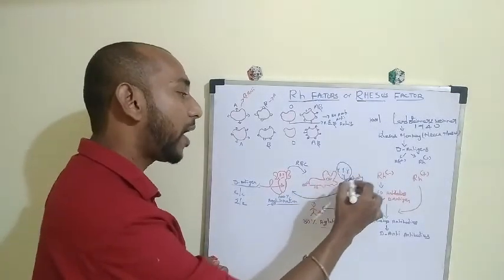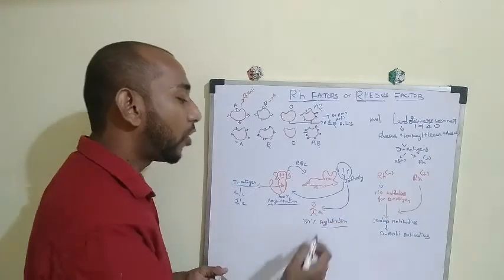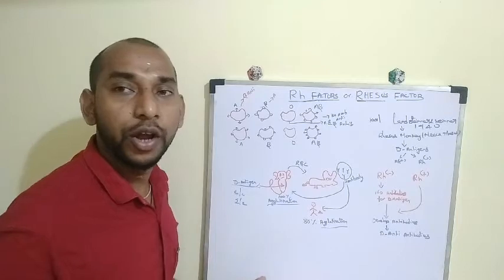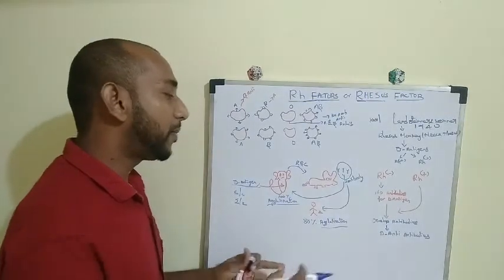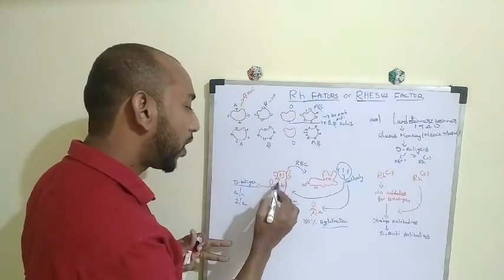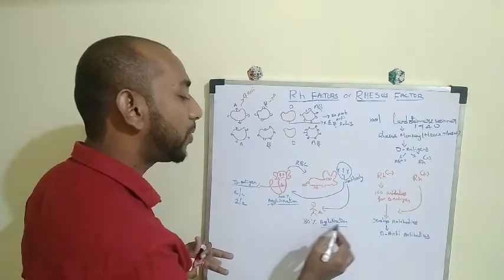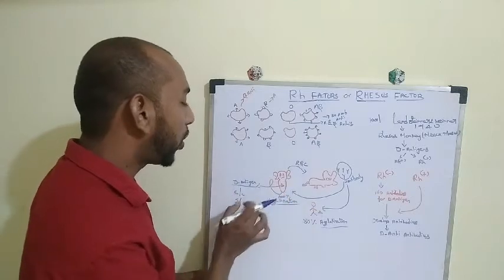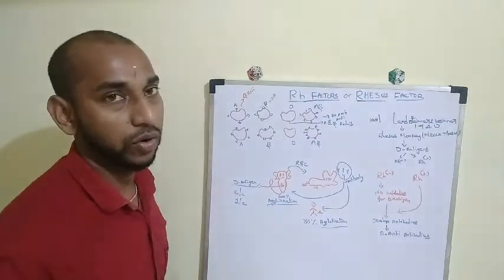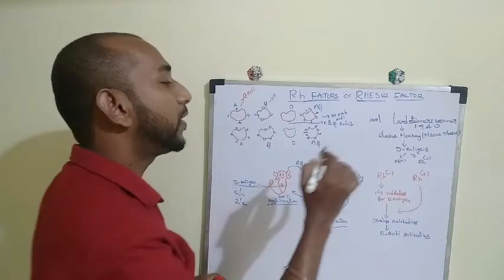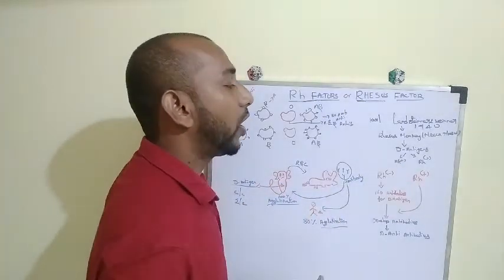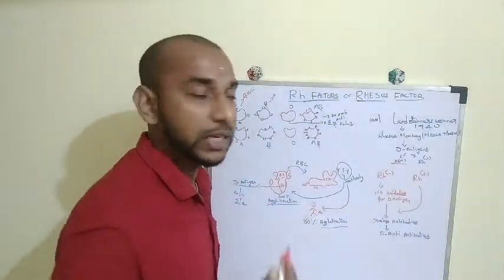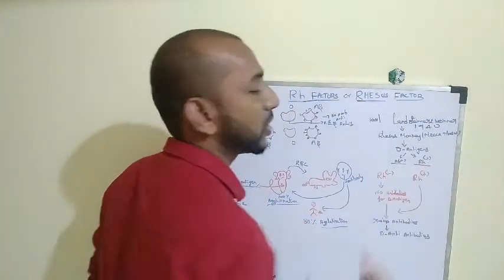Again they used the same antiserum on humans and found 80% agglutination in humans also. So what does it mean? It means the antigen which is present in the monkey is also present in 80% of the human population. So they named that particular antigen as D antigen, okay. People with D antigen are called Rh positive, and people without this D antigen are called Rh negative.